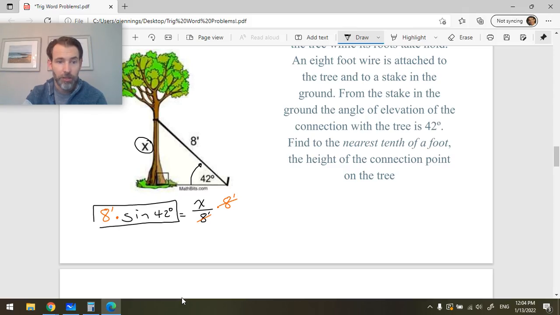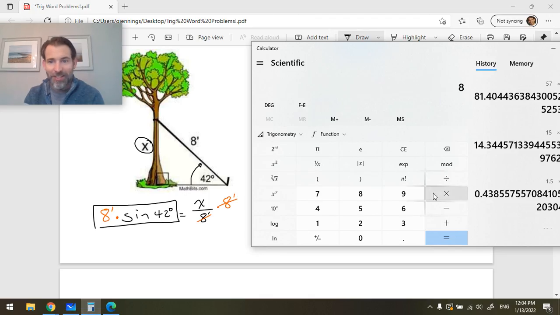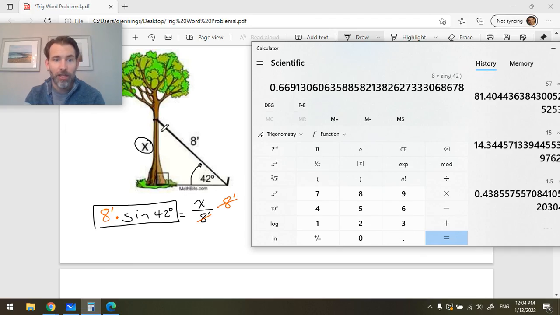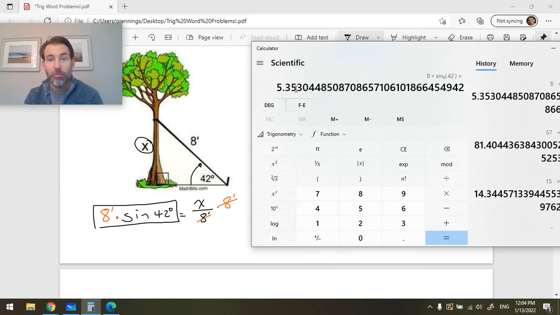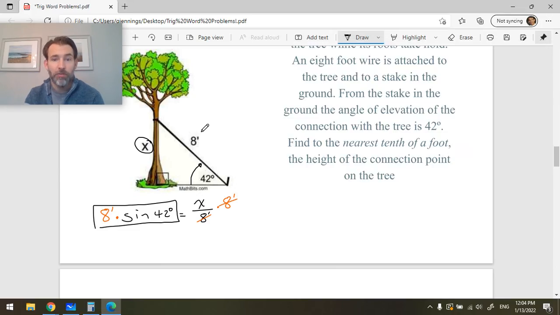This is what I punch on my calculator. That's the answer. So here we go. 8 times the sine of 42. That is the sine of 42, so it's saying this is about 6.7 times as long as this. Equals 5.35. And we were asked to find this to the nearest tenth of a foot.